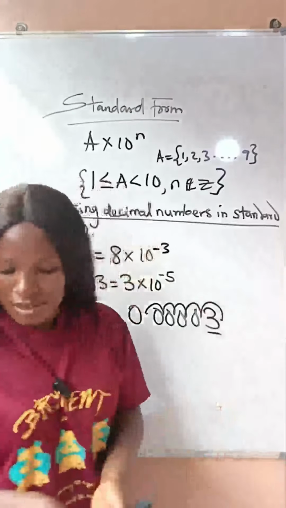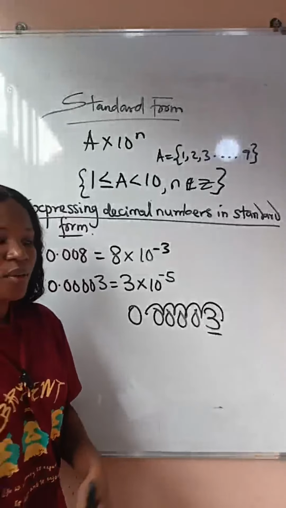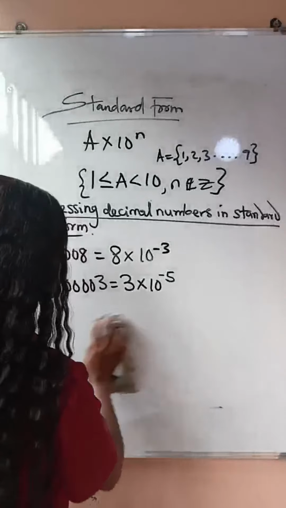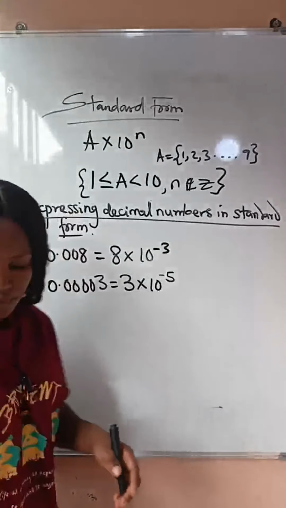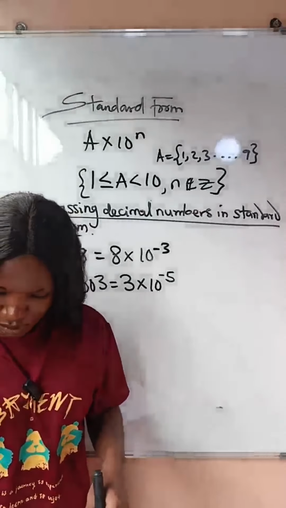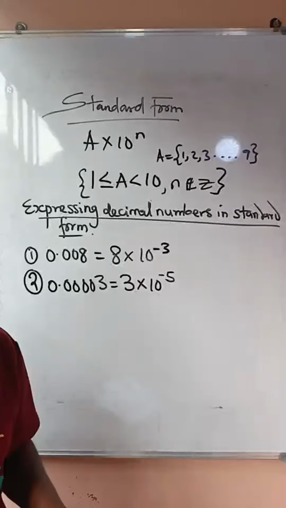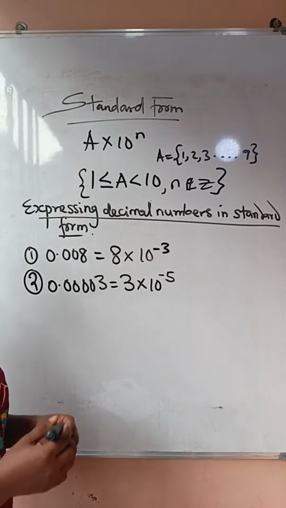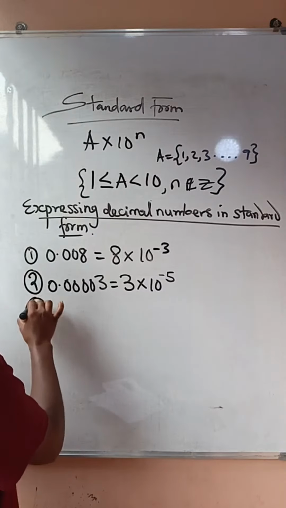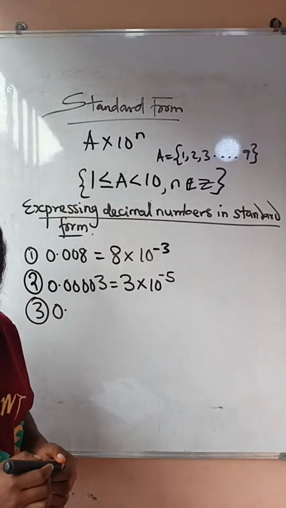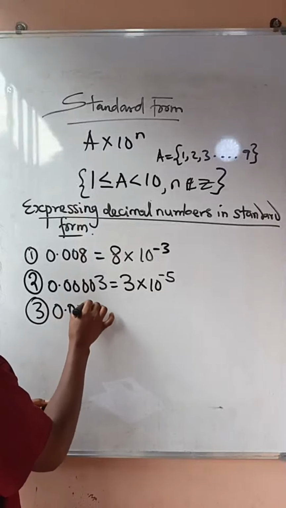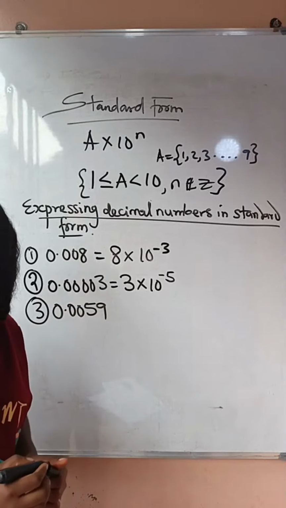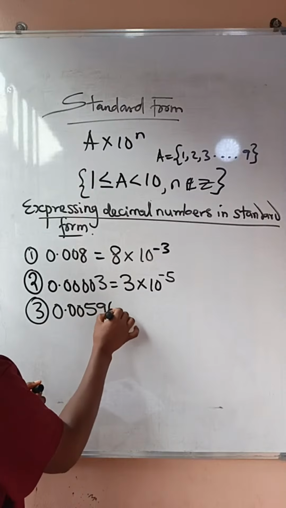All right. Now, another example. So we have 0.0059613.